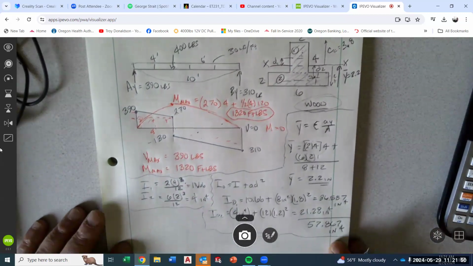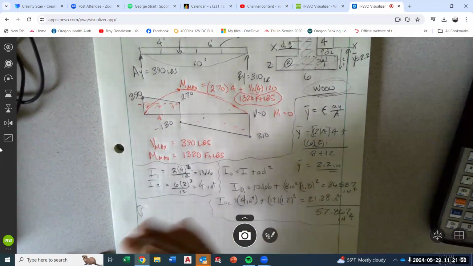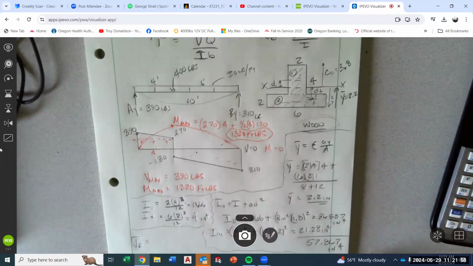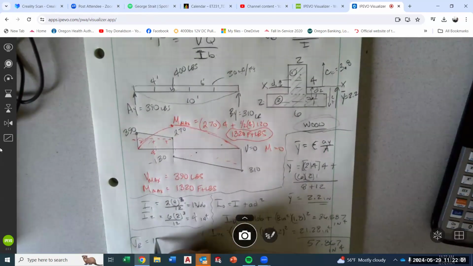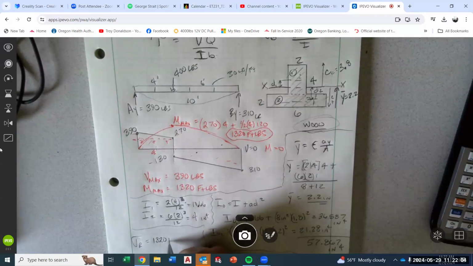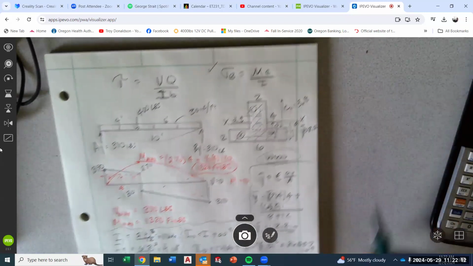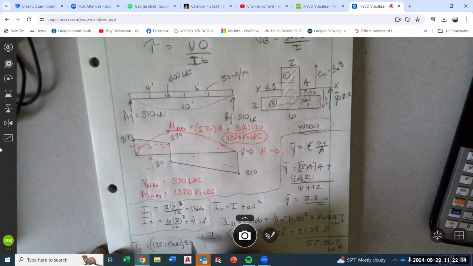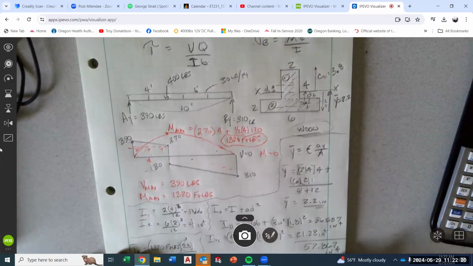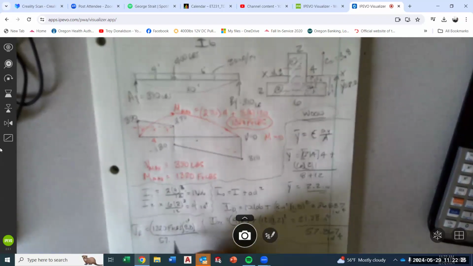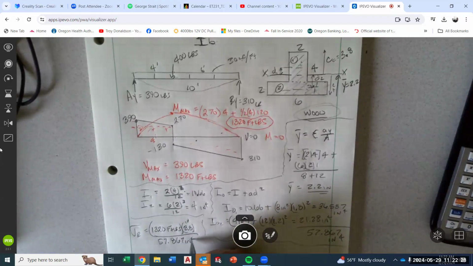So we need MC over I. M is, we figured that out, 1320. And that's foot-pounds. And we're going to use the largest C value, 3.8. And that's inches over I, right? MC over I. I, 57.867 inches to the 4th.